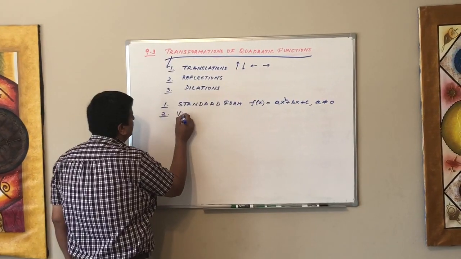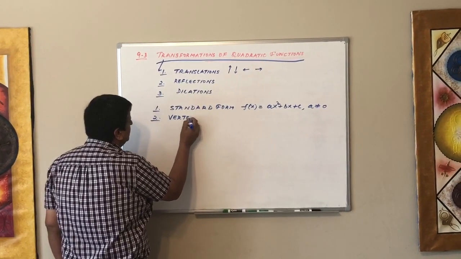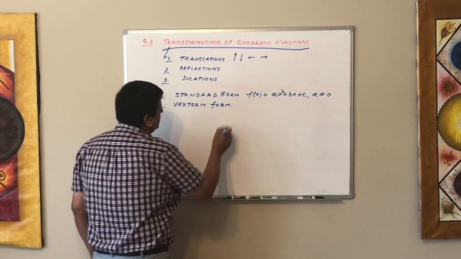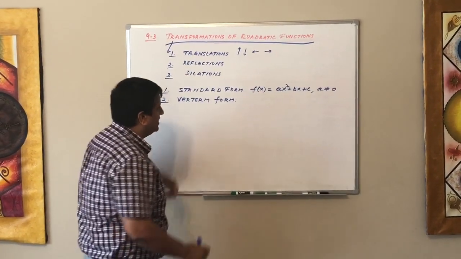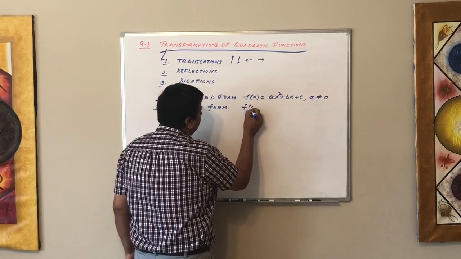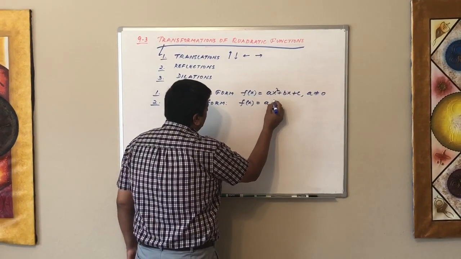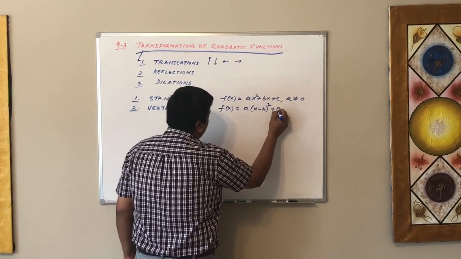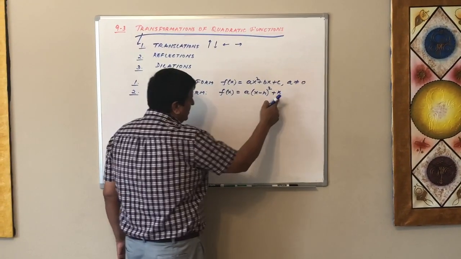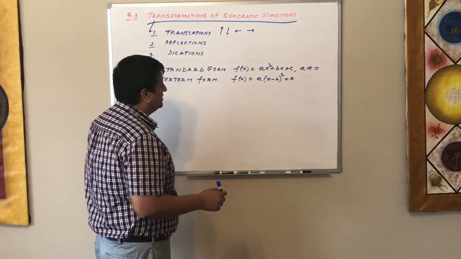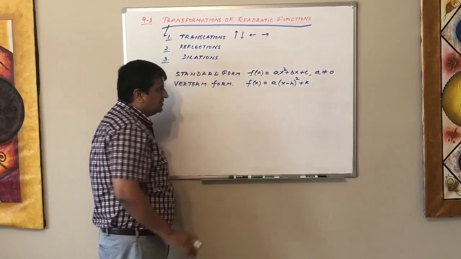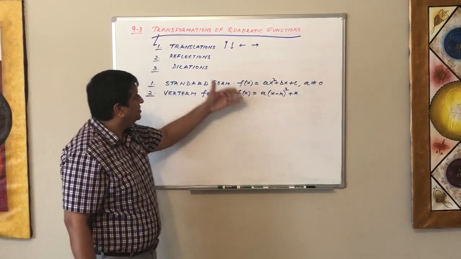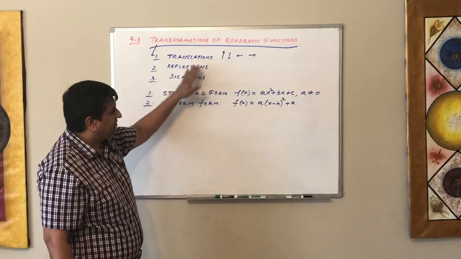And the vertex form, which is the other form of quadratic functions, which is used to show the transformation of quadratic functions, is f(x) = a(x - h)² + k, where h and k represent the vertex. Now, the different parts of the vertex form will show the different kinds of transformation.